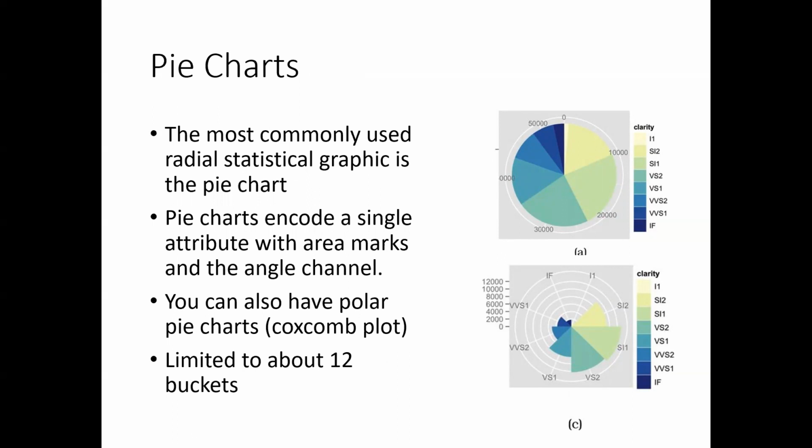But you can also have polar pie charts, which are called coxcomb plots, that have equal angular representations of the different data. Some synonyms for polar area chart are rose plot and coxcomb plot, and these were first popularized by Florence Nightingale in the 19th century. And let's take a look at that.